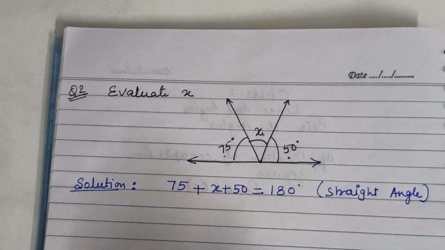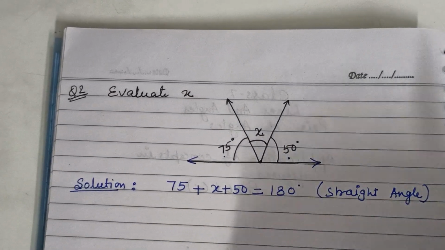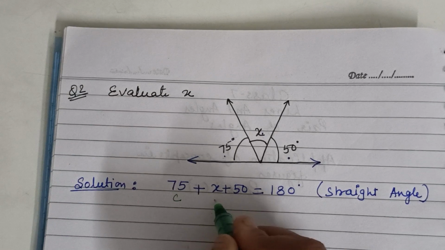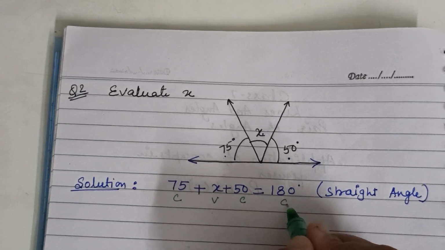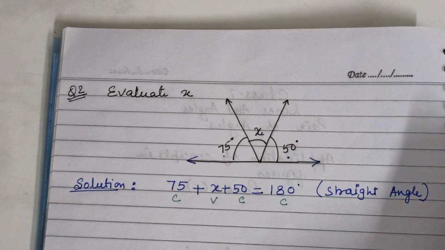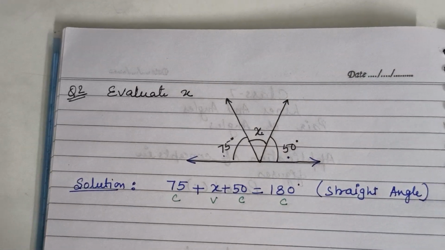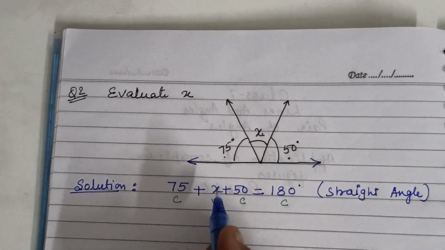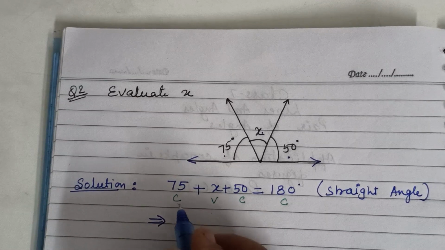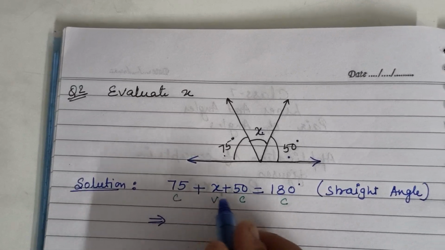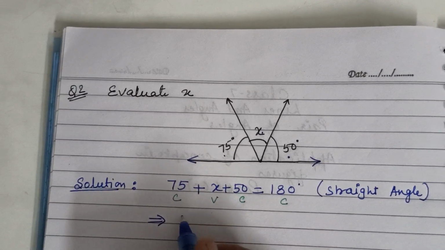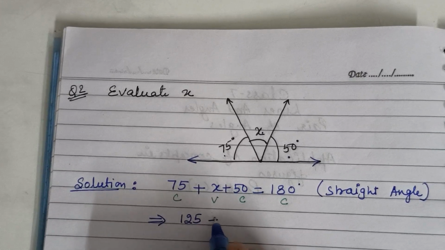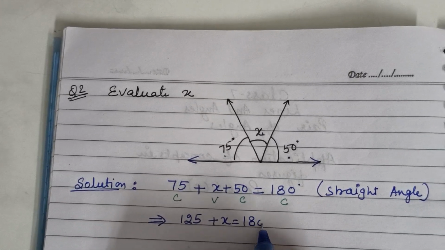Now we can see that this is an equation which has constants and a variable. Constants we denote by C and variables by X. So on the left hand side, first sum 75 and 50 degrees, what will come? 125 degrees plus X equals 180 degrees.